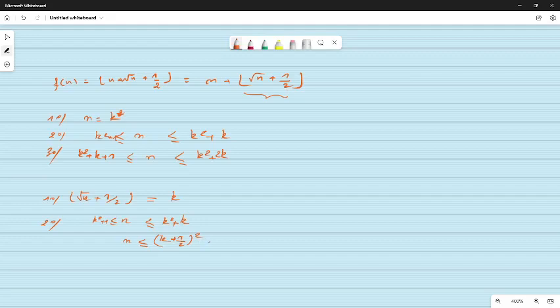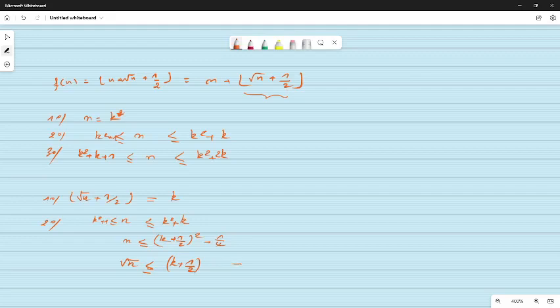If we put square here, then it is smaller than k plus 1/2 square.